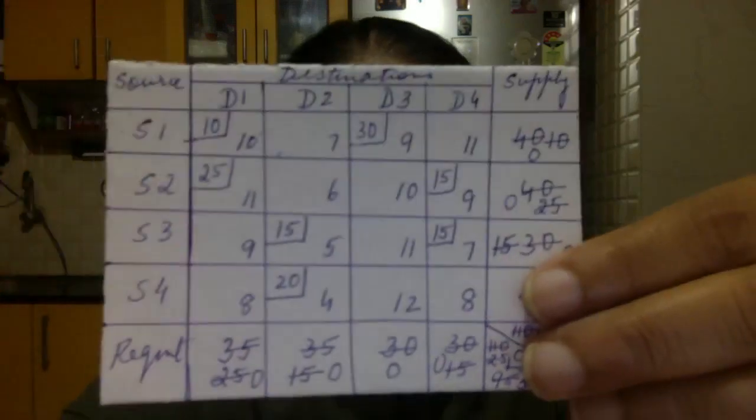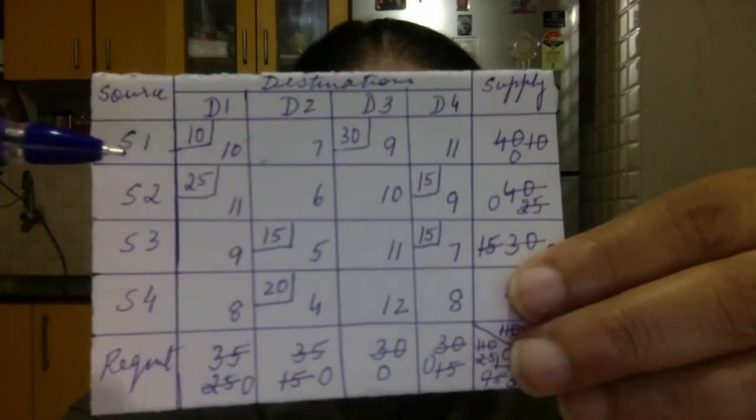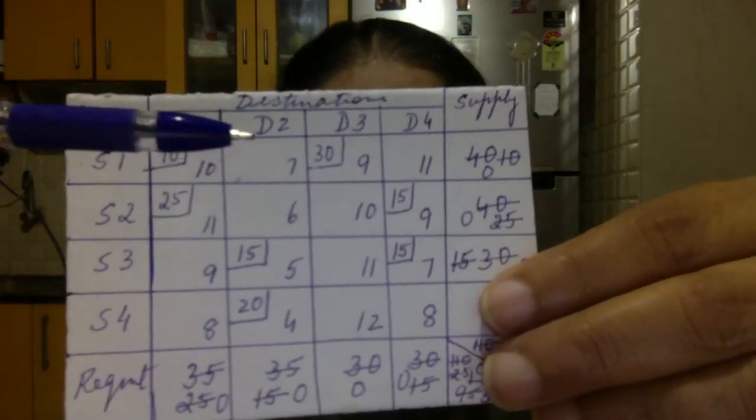Okay, I'll take this. Unoccupied cell is S1 D2 and cost is 7. We will just fill these columns first.